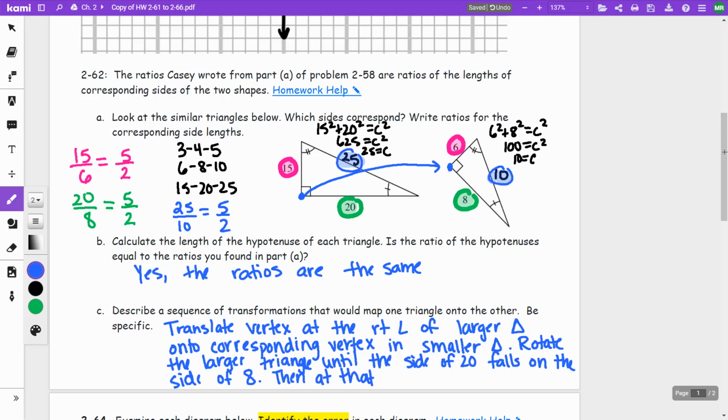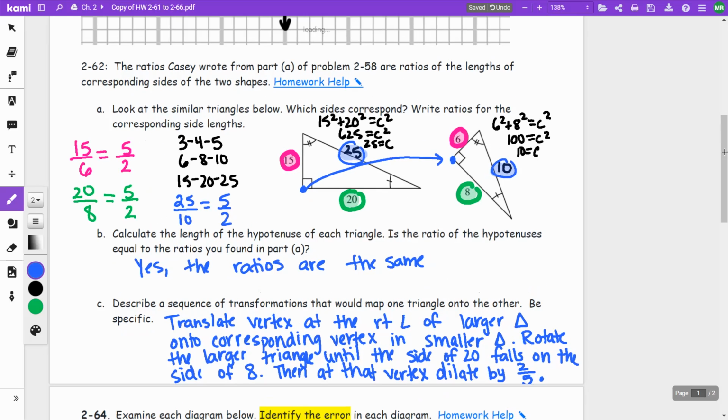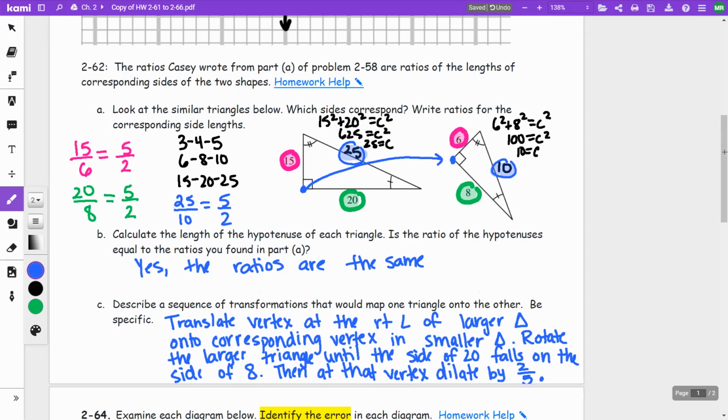And the vertex I'm talking about is the one that I marked in blue. We're going to dilate, and since I'm taking the bigger one onto the smaller one, I'm going to dilate it not by 5/2, but by 2/5, because I want to make it smaller. So if the sides are 5/2 going one direction, it's 2/5 going the other direction.